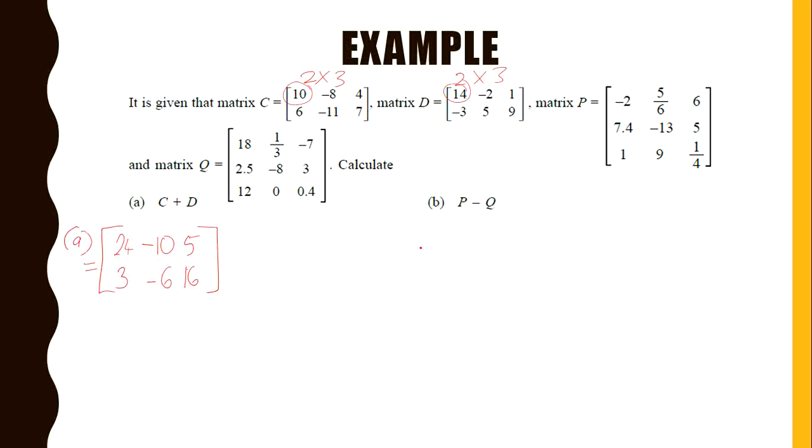Okay, next, P minus Q. Okay, so check the order. For matrix P, we have 3 by 3. Matrix Q also 3 by 3. So they can be subtracted. Okay, so let's subtract them.